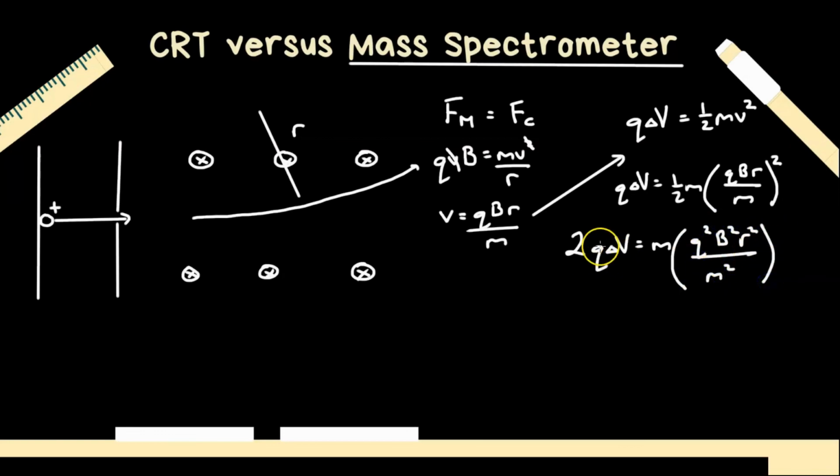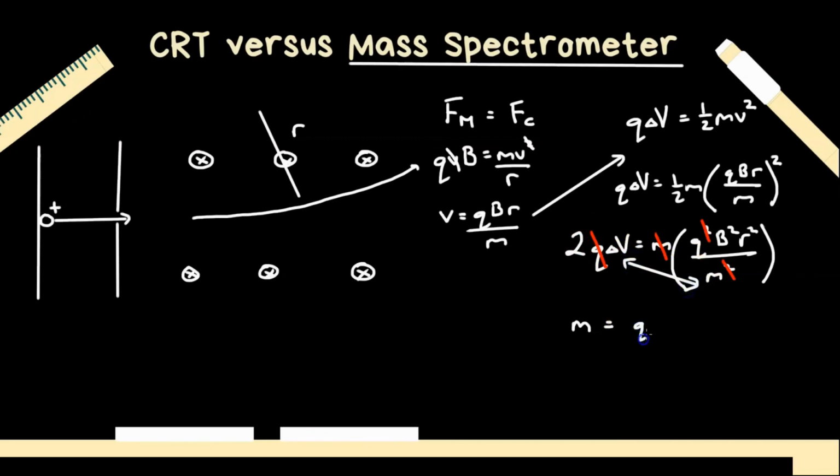So let's cancel some things out. Here we have a Q and a Q squared, and here we have an m and an m squared. And there we go. Now when I rearrange to solve for m, I'm cross multiplying essentially, bringing the m up here and the 2 delta V down there.